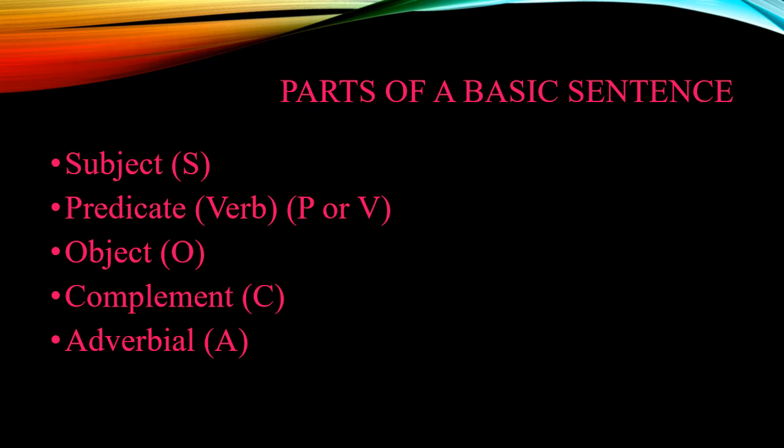And then comes the adjunct or the adverbial. It may either be a single word adverb or an adverb phrase, and it is represented by the letter A. So these are the parts of a basic sentence, and on the basis of these parts only, the various patterns of basic sentence have been formed.